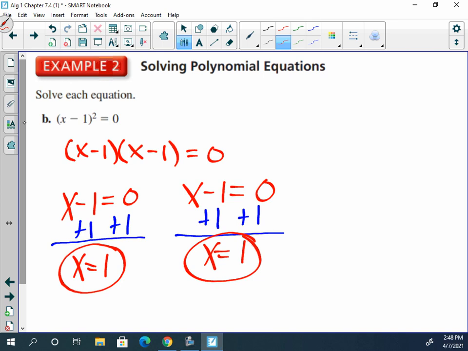So, especially in Big Ideas Math, if it's asking for answers where it expects 2, it'll give you 2 blanks to fill in. Here, because we only have one unique value, which is, ironically, 1, it's only going to give you one.